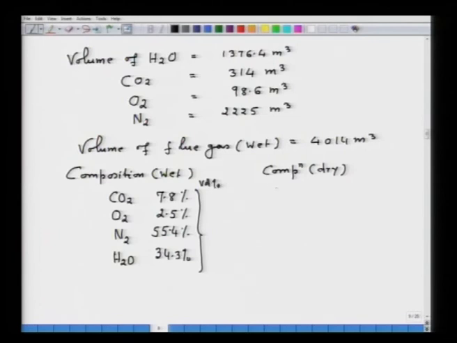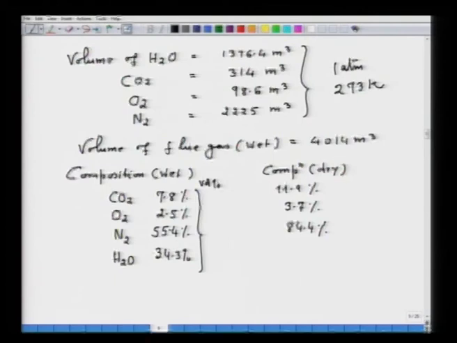Dry, that will be 11.9%, 3.7% and 84.4%. Mind you, all these volumes are expressed at 1 atmosphere and 273 Kelvin, because I have taken 1 kg mole as 22.4 meter cube. So, that is the calculation of the composition.